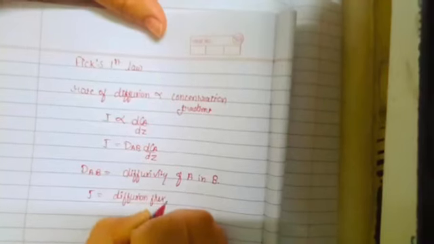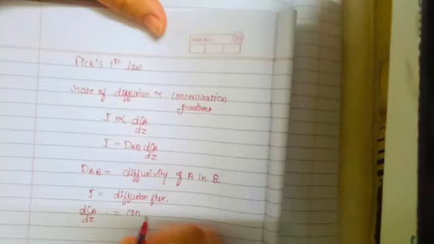Here J is the amount of substance passing through a unit area per unit time. It is also called diffusion flux. The dCA by dZ is the concentration gradient, how sharply concentration changes with distance.